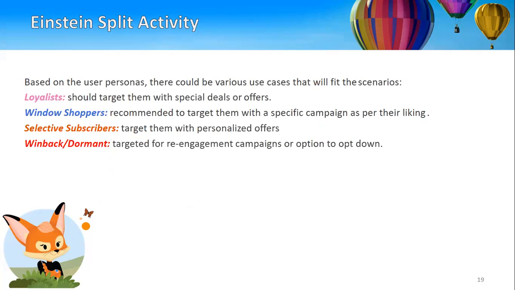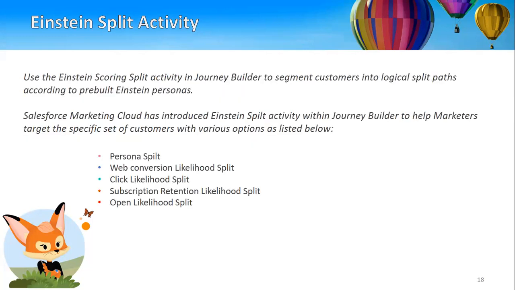Personas means what we saw just now, like loyalist, win back. Those are the personas. So based on that, you can create separate paths for each one of them and target them with relevant details or relevant emails, which would interest them.